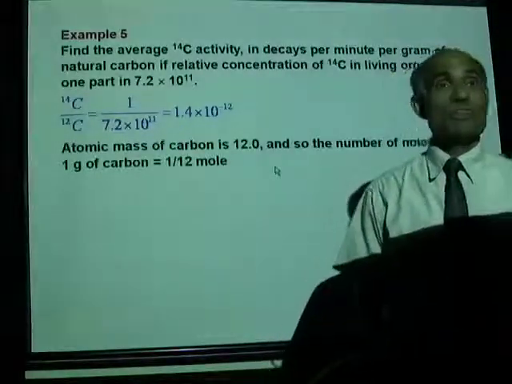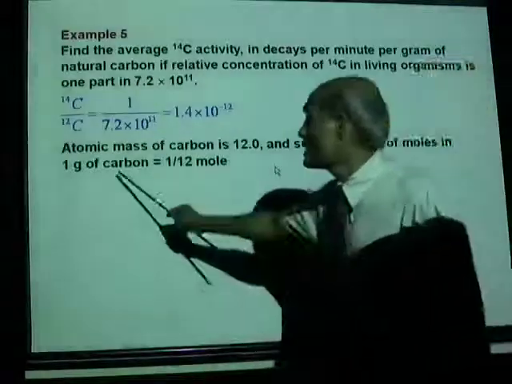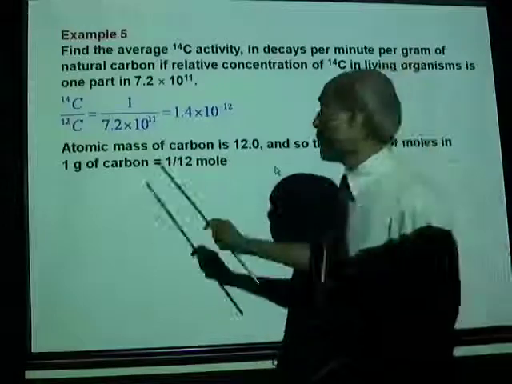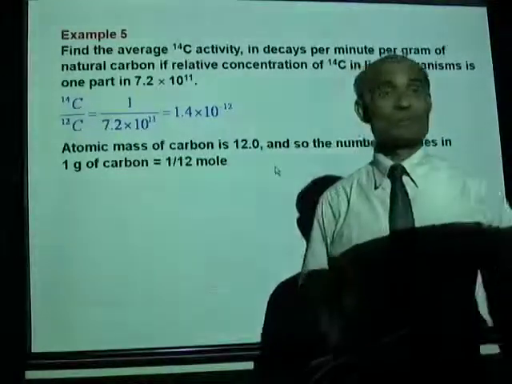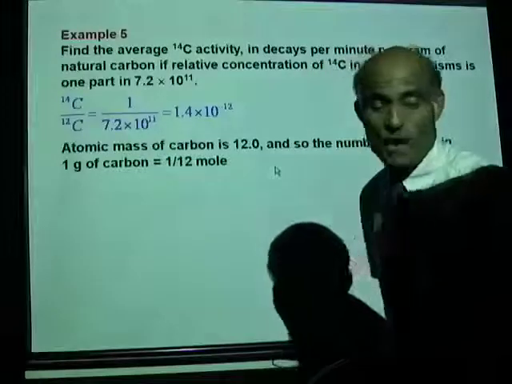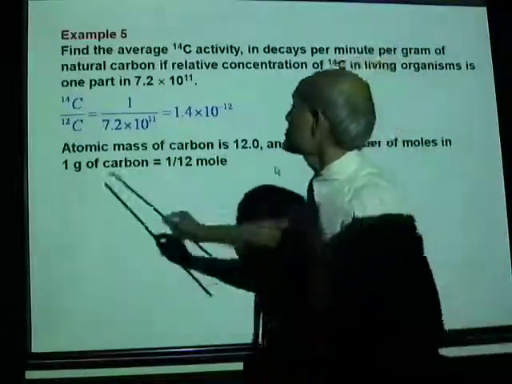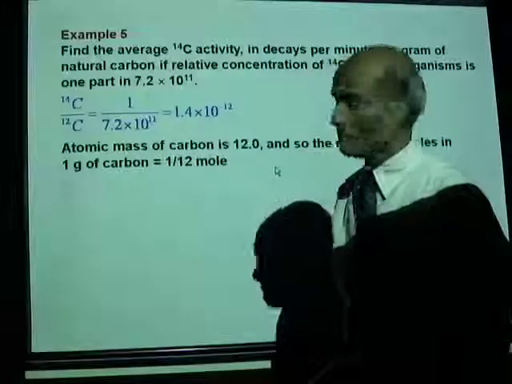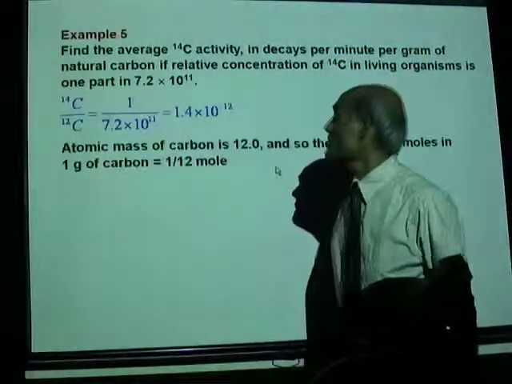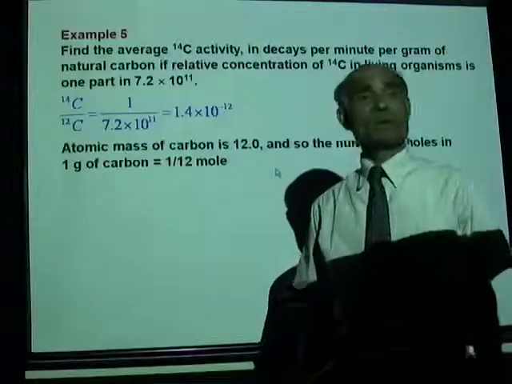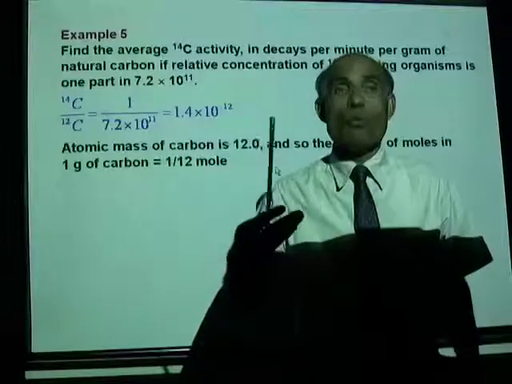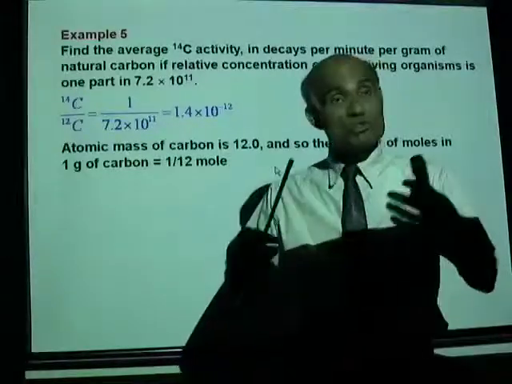And so the number of moles in 1 gram of carbon is 1/12 mole, because atomic mass of 12 means 1 mole of carbon is 12 grams.